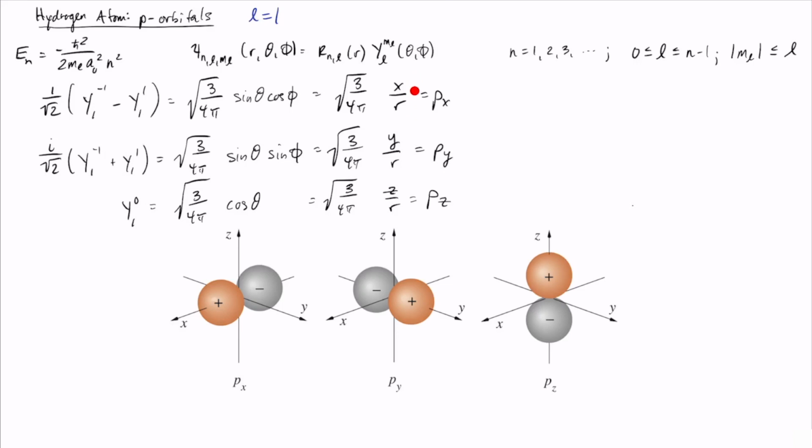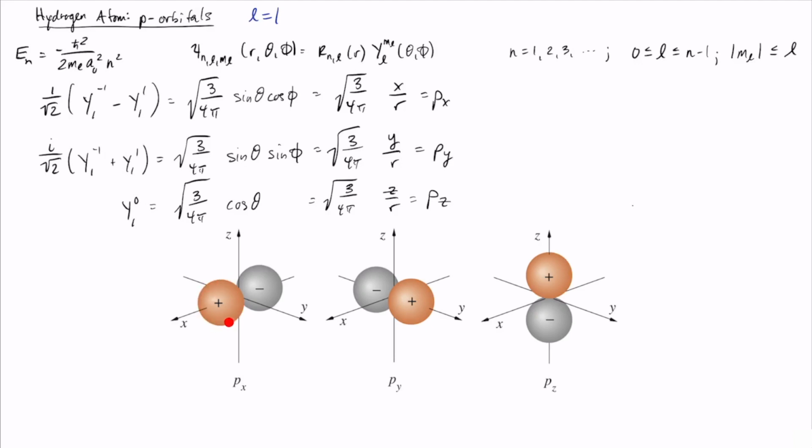One is aligned along the x, the y, or the z axis. If you look at 3D polar plots of this data, this is similar to plots we saw in the last chapter. What we're doing is drawing a distance away from the origin that corresponds to the particular combination of theta and phi. And now we're color coding based on the sign.